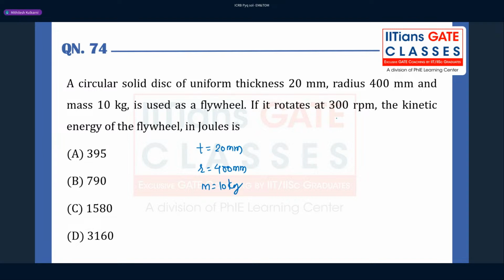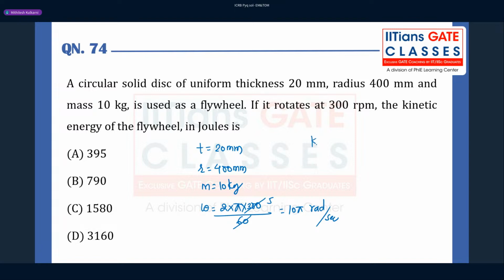If it rotates at 300 RPM, so omega is given as 2 into pi into 300 divided by 60, which is 10 pi radian per second, and 300 is in RPM. The kinetic energy of the flywheel is what they're asking.